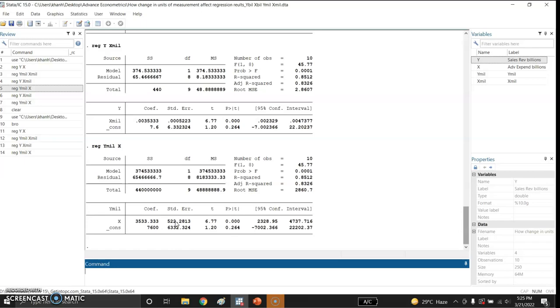So this is how interpretation of the results changes if we change units of measurement either for both dependent and independent variables or for either of them. I hope you got a good idea regarding change in the units of measurement in regression results.